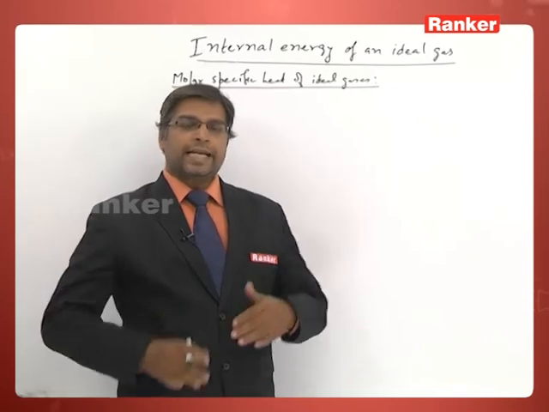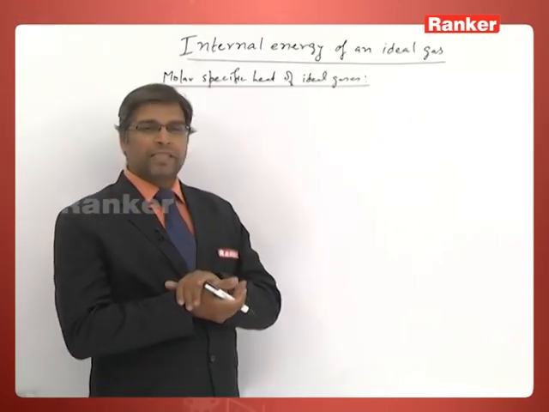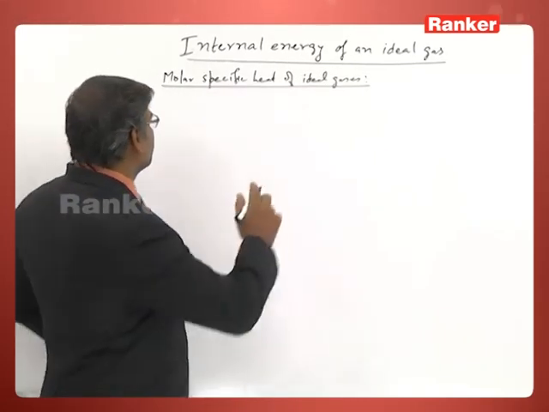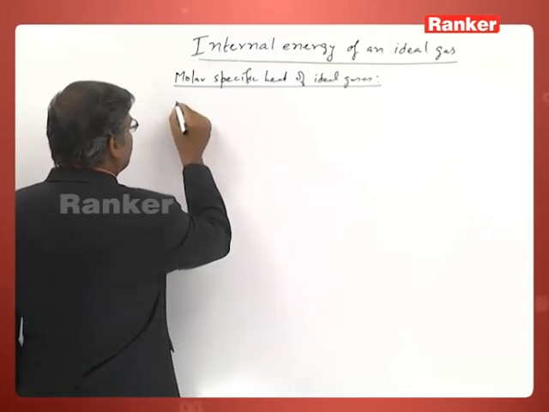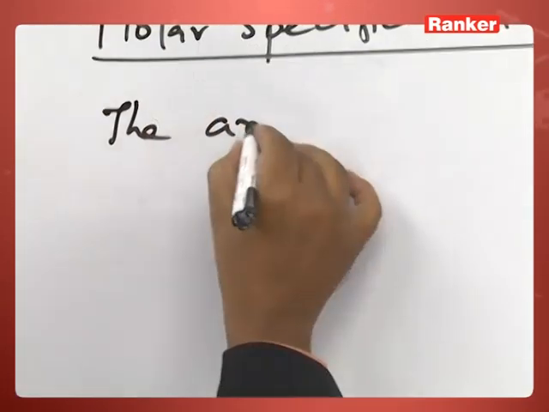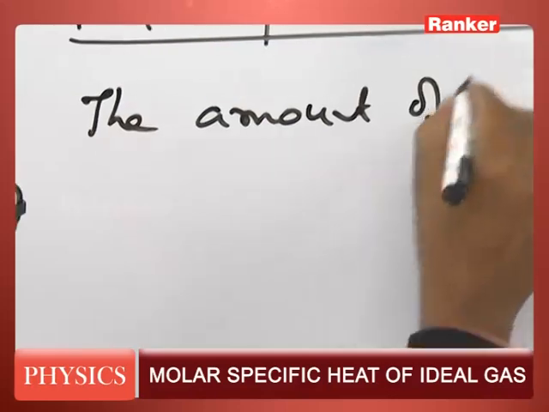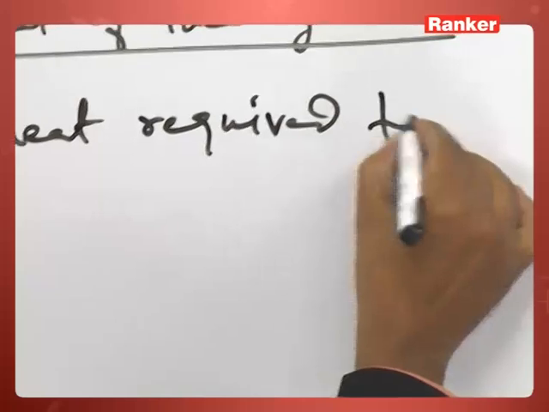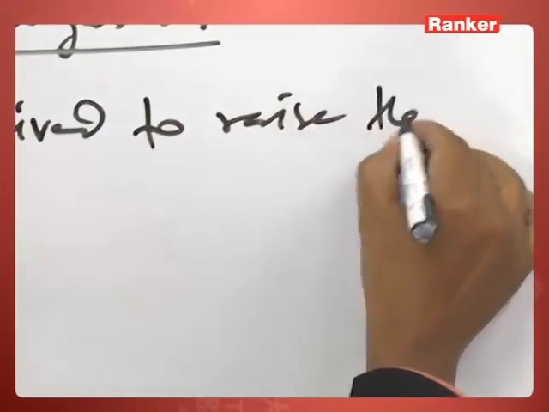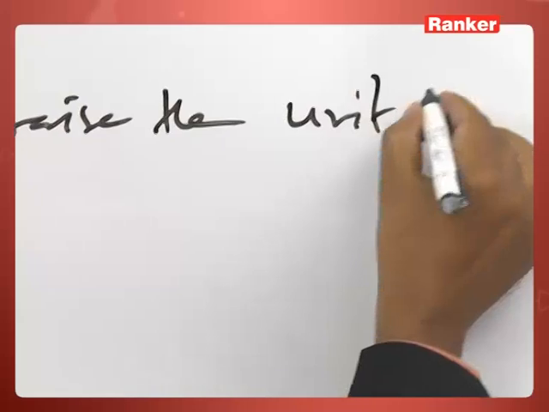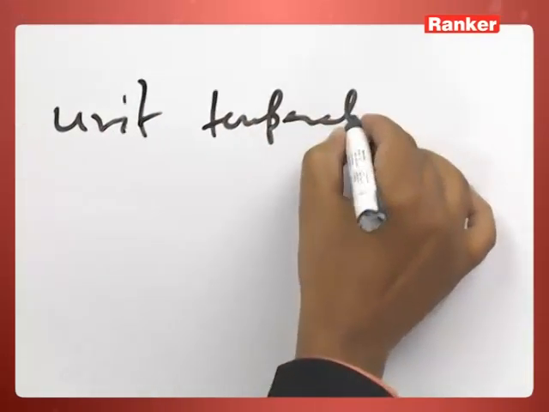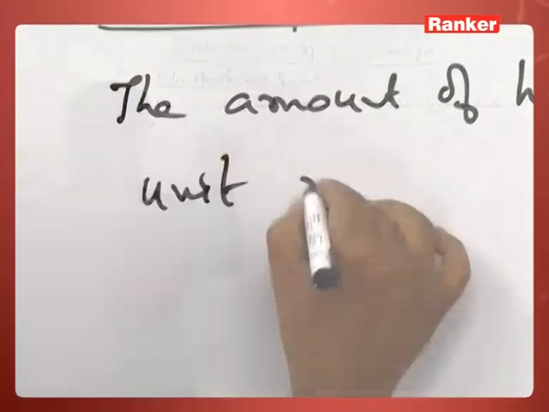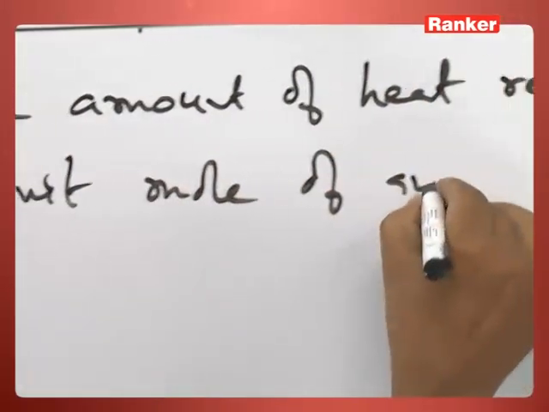Now let us come to see the molar specific heat of ideal gases. So, let us see what this term is. With this term we mean the amount of heat required to raise the unit temperature of a unit mole of an ideal gas.